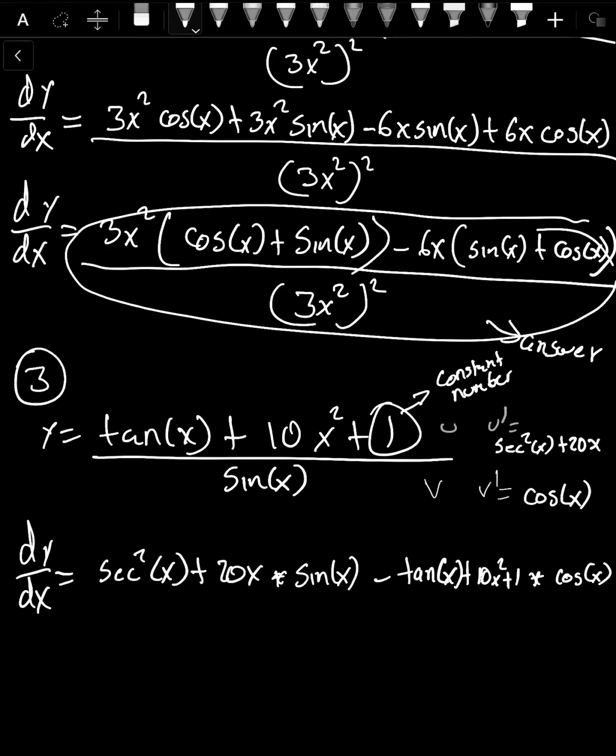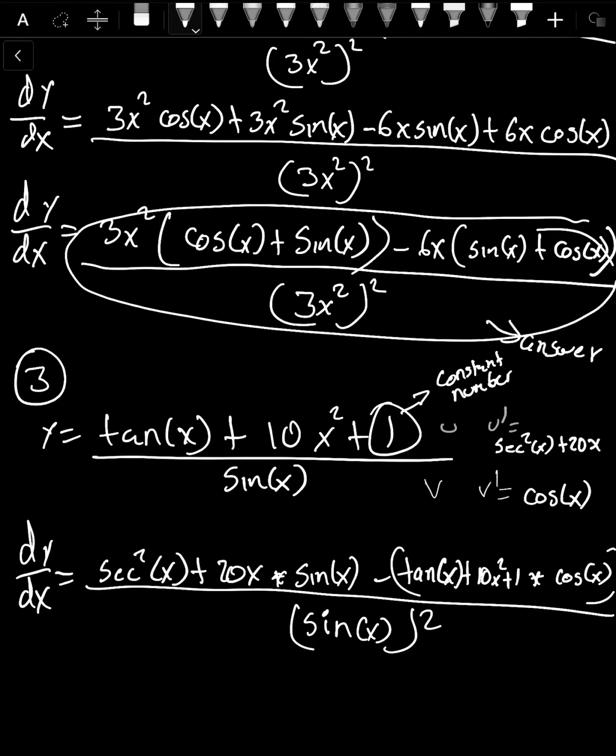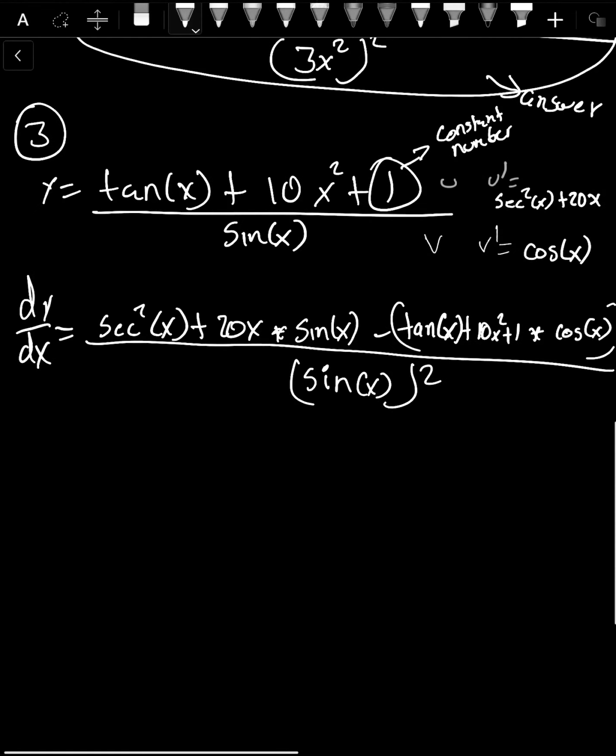Times our v prime, which in this case is cosine of x, right? We have it right over here, right? All these over our v squared, which is going to be sine of x squared, right?